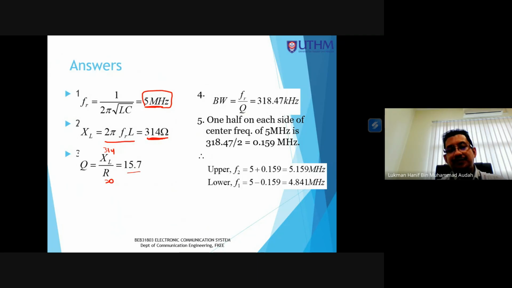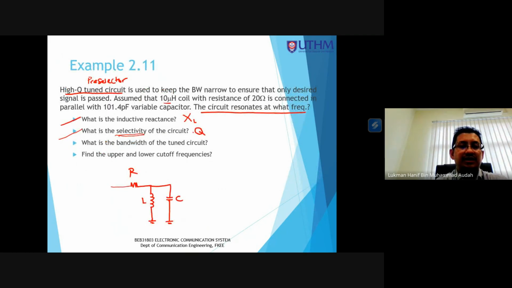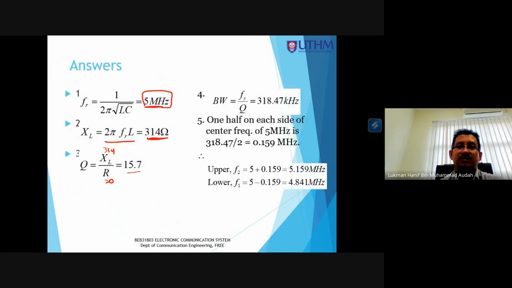No unit. Okay, and then the next question asks you to find the bandwidth of the tuned circuit, or the bandwidth of the pre-selector. So the bandwidth is equal to resonant frequency divided with the quality factor.